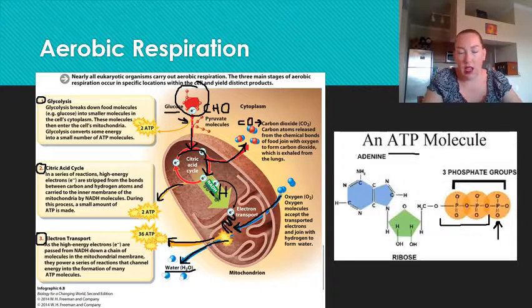With all this ATP from aerobic respiration, we're able to do things which require a lot more energy. Things like being multicellular, that in itself requires a lot of energy because cells are able to specialize and do one job. We can also chase antelope across a field or whatever.